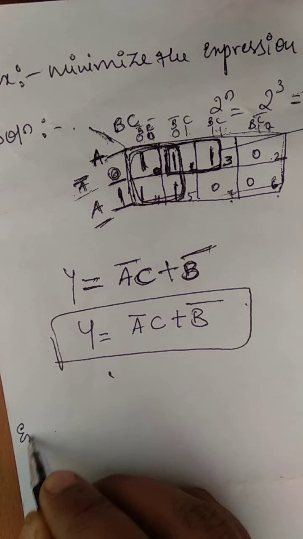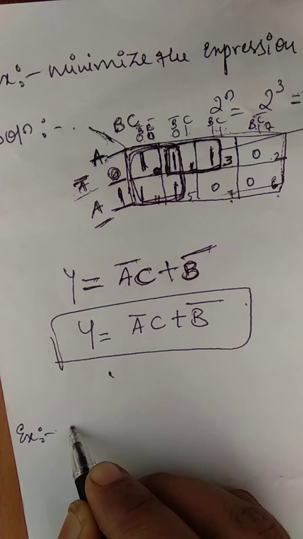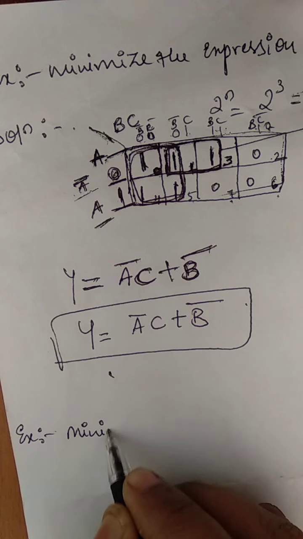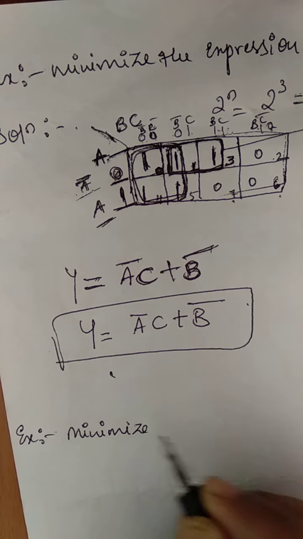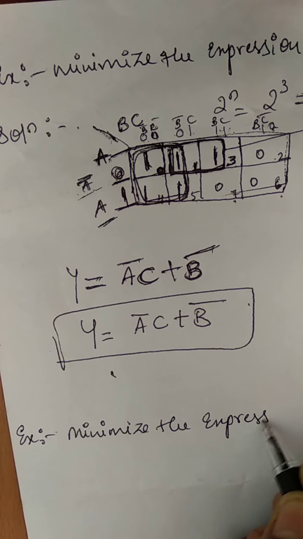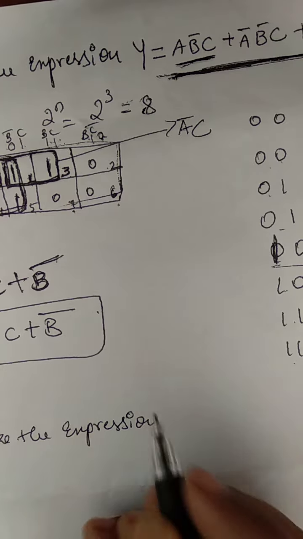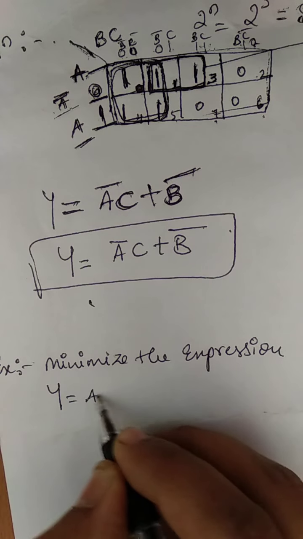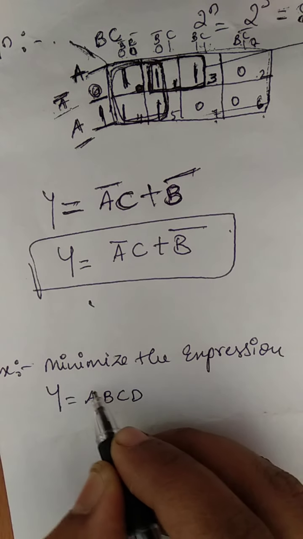So that is, minimize the expressions. Given value is Y equals A, B, C, D, I am giving 4 variable.